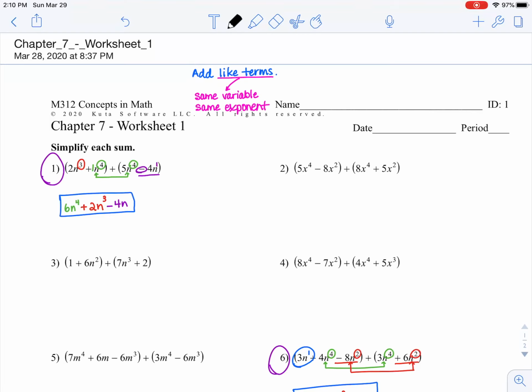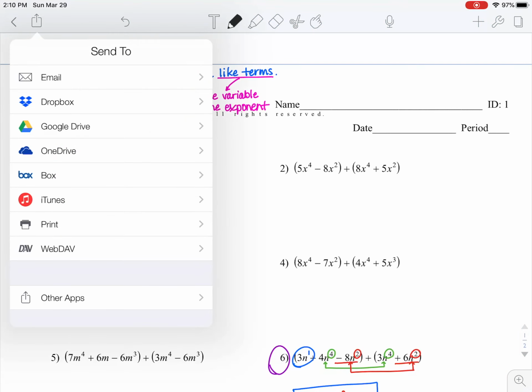Now, when you need to turn this in, you have to click that share arrow. In Notability, it's on the left-hand side at the top, right up there. I'm not going to be able to show you everything here since I'm a teacher and you're a student, but when you click that, you're not going to see Schoology here.